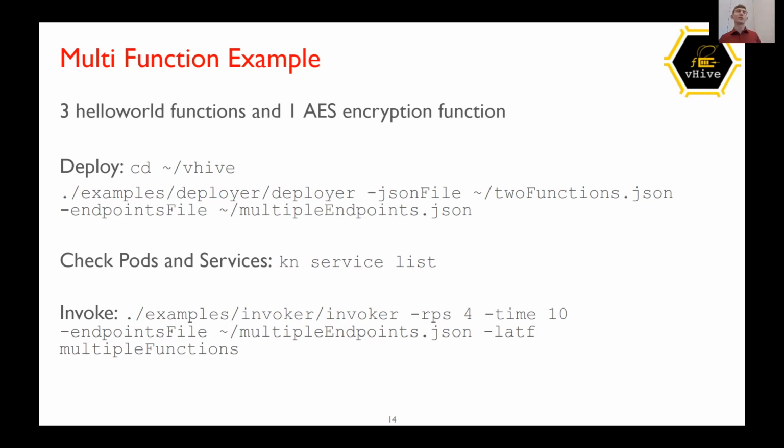So as before, you can deploy it and then check that you have 4 services listed by Knative. It should be hello world 1, 2, and 3, or 0, 1, and 2, and then, of course, the Python AES. The invoker will read the endpoint file and then go through it round robin.